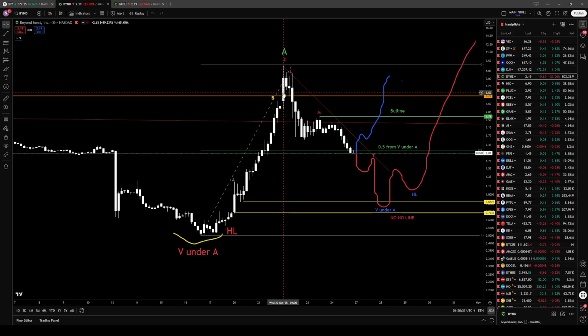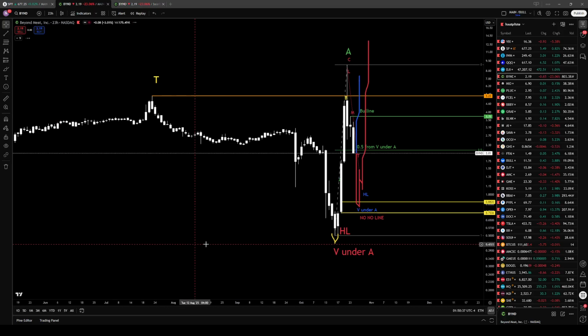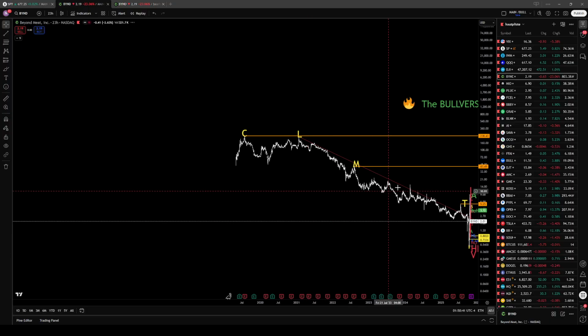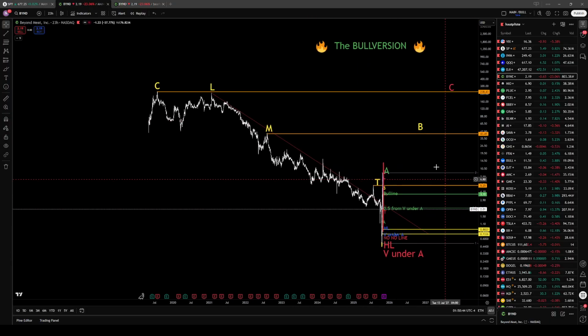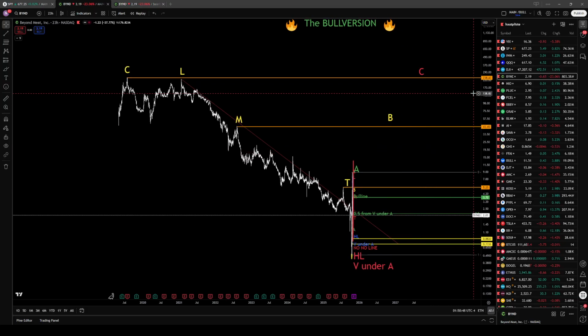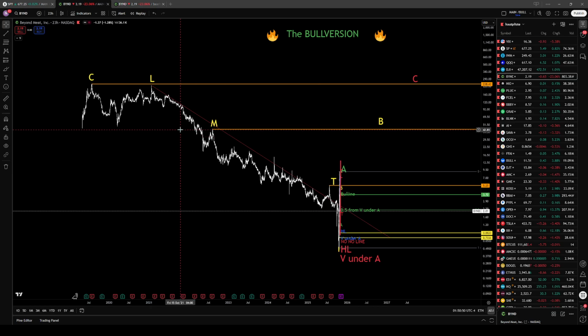I still have a bullish version, but let's look. So for the bullish chart right now, just for the complete overview, our all-time high is our C. Then we fall to our lower high.